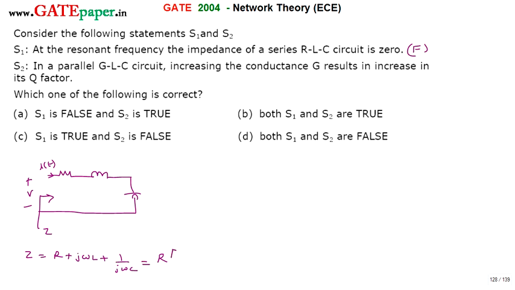So we can write it as R + j(ωL − 1/(ωC)), because 1/j can be written as −j, so you can take j common. The magnitude of impedance is the square root of R² + (ωL − 1/(ωC))².